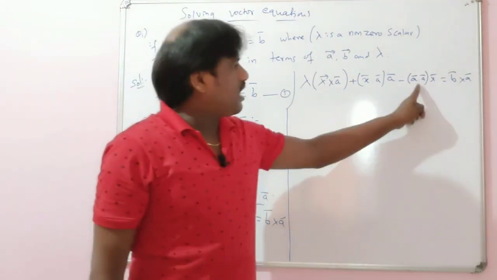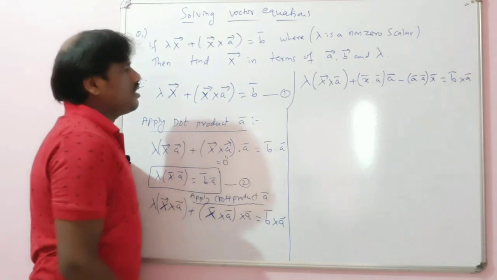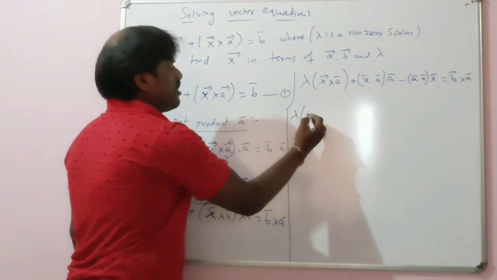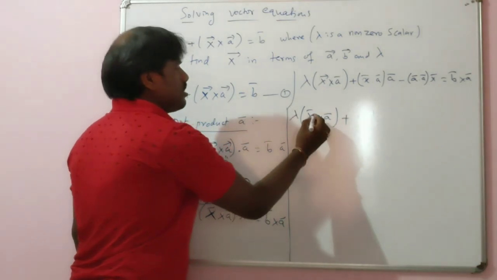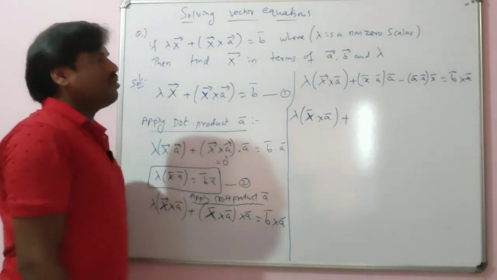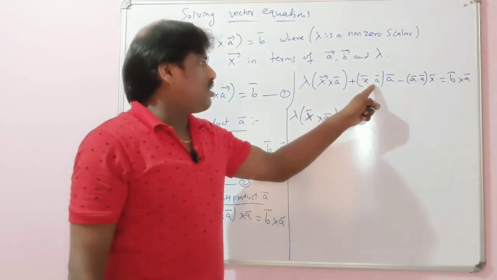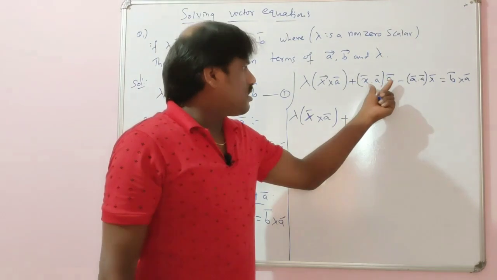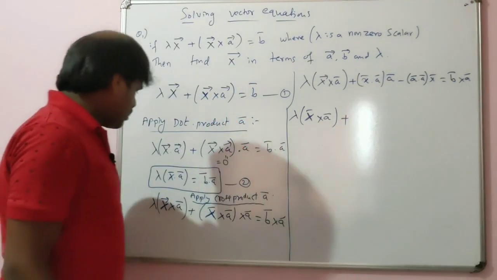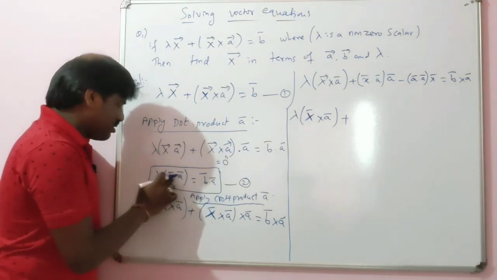See, you know that A dot A. Okay, now what I can write here, lambda times of x vector cross A vector plus, just see here, now you know that here x dot A vector dot A, so you just see this one, this value is x dot A vector value is this one, so you can substitute this.